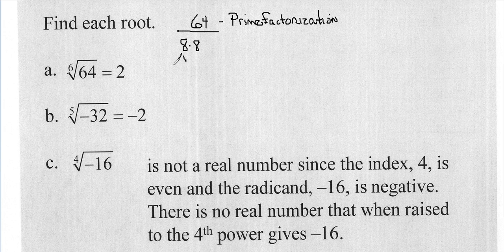And then the 8 I can break down to be 4 times 2. I know 2 is prime, so I'll circle it now. And the 4 breaks down to be 2 times 2. So here I've got 3 2's. And this 8, I must have 3 2's. 2 times 2 times 2.